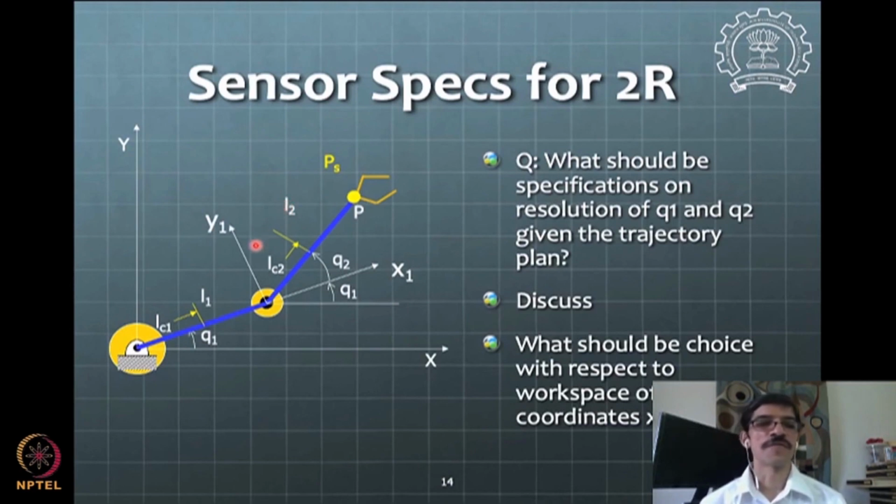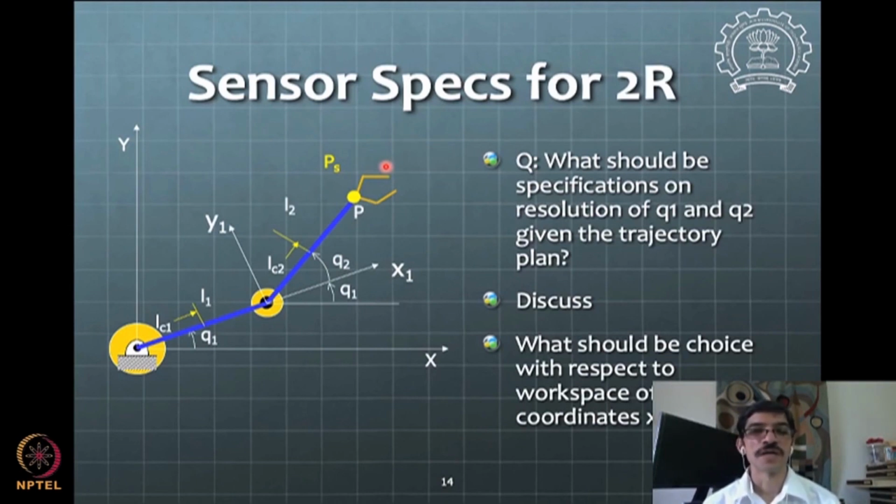Typically, one of the considerations is that if you are very close to the straight line position, the singular position that we have talked about, when Q2 is 0 and only Q1 is there, then this is a straight line path. And if I choose point PS at the end of that path, I cannot draw the straight line very easily.